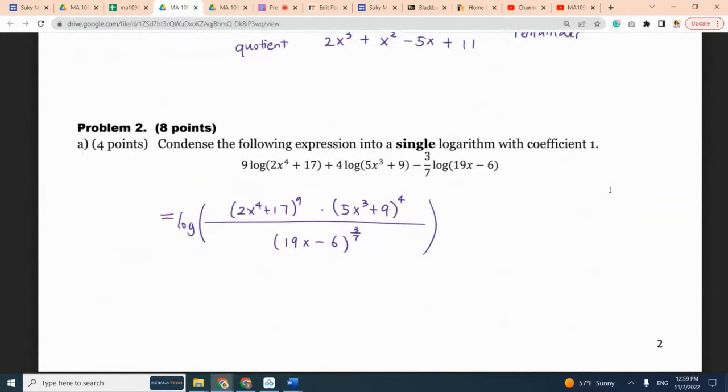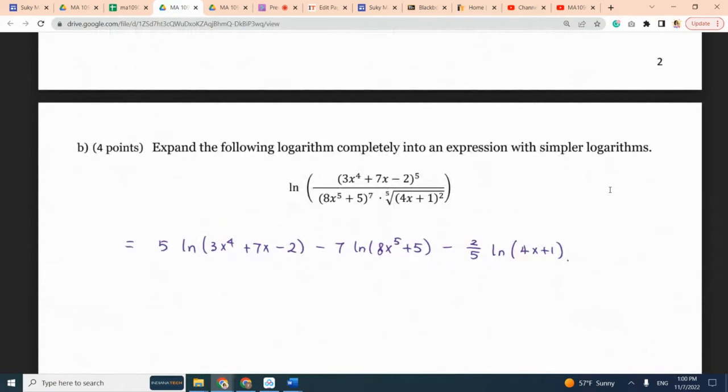And then number 2, condense into a single log. All right, so the log, we can combine the sum into products, the subtraction into division, and we can move the power up there, right?